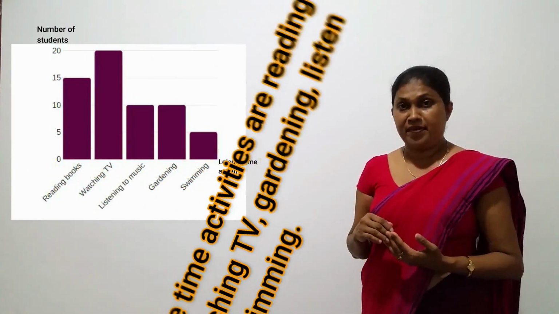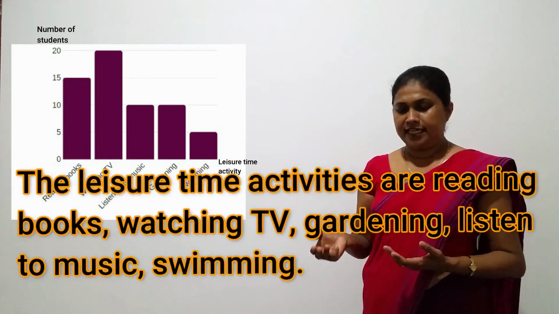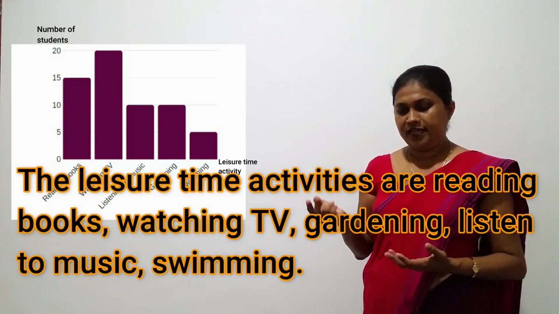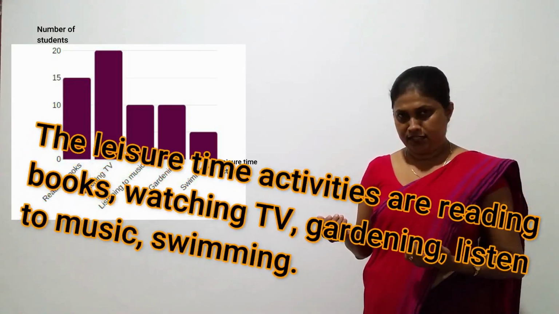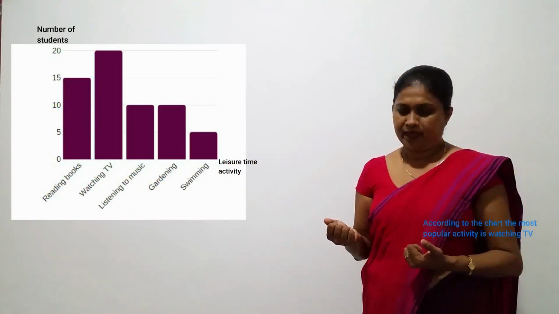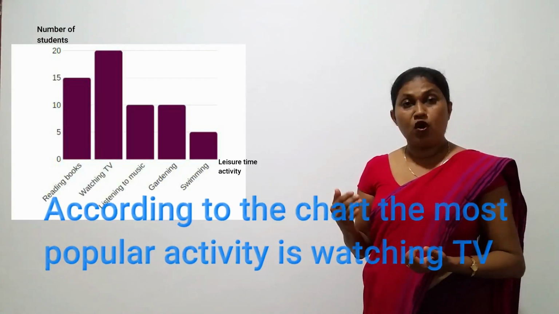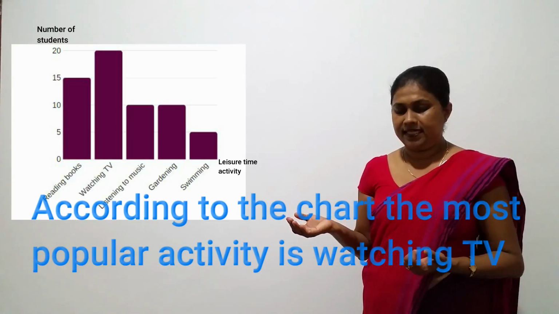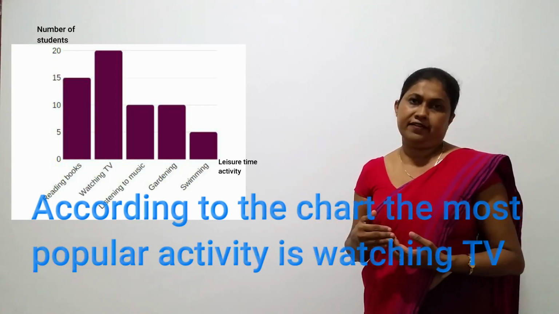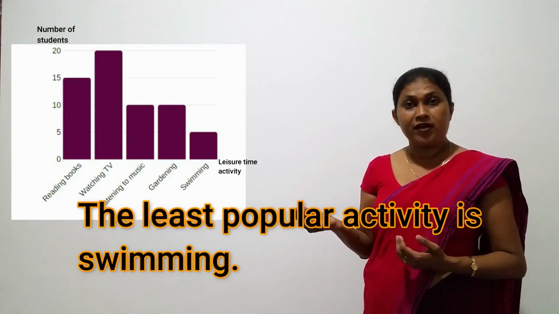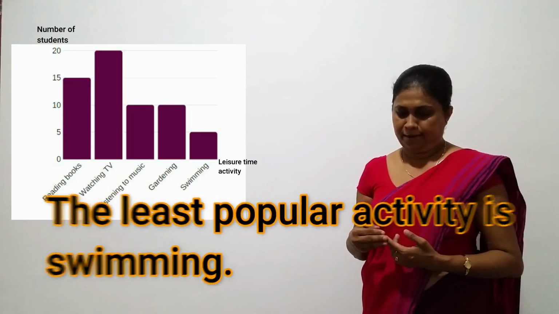Then the leisure time activities are reading books, watching TV, gardening, listening to music and swimming. According to the chart, the most popular activity is watching television. The least popular activity is swimming.